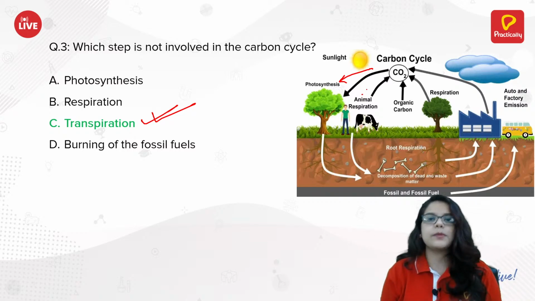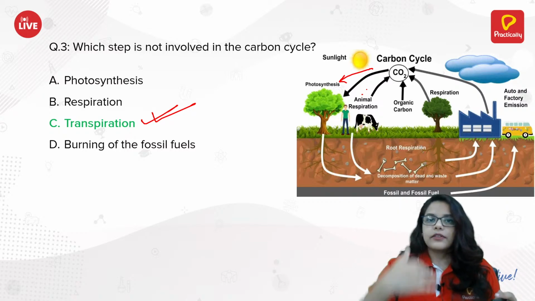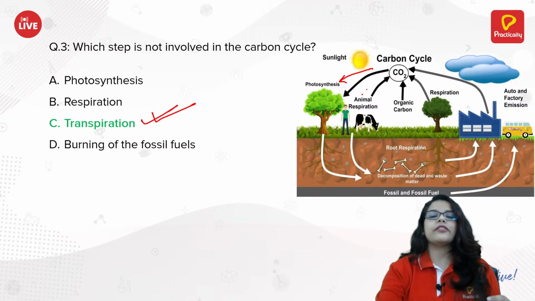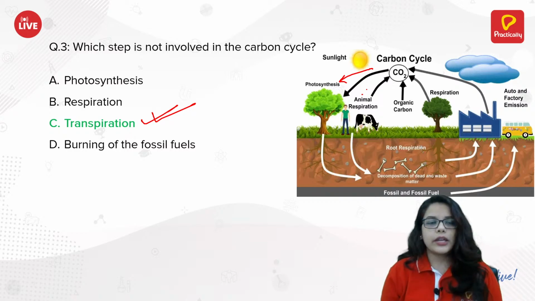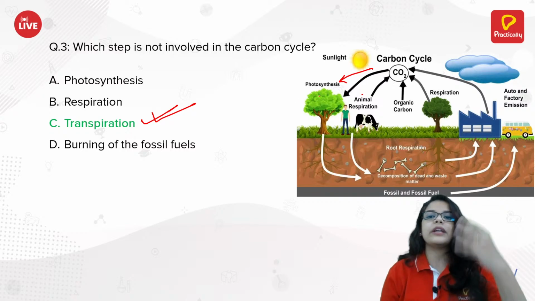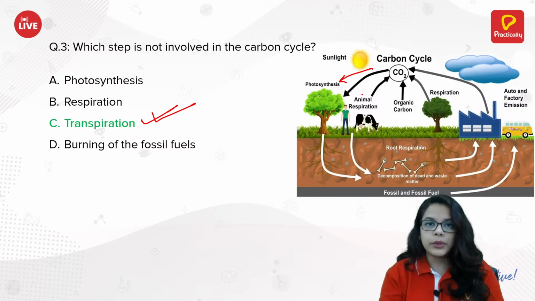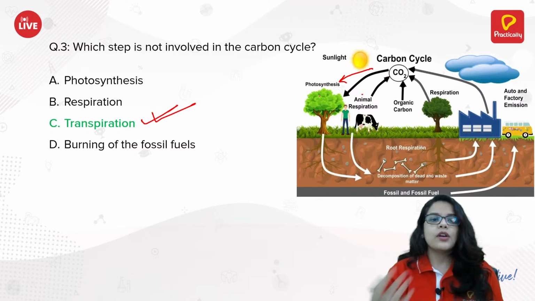Then animal respiration: we are taking oxygen and giving out carbon dioxide. Plants also, when they respire, give out carbon dioxide. Crude oil, as I said, is hydrocarbons. When they are burnt, they give out carbon. So everything apart from transpiration has carbon related to it.